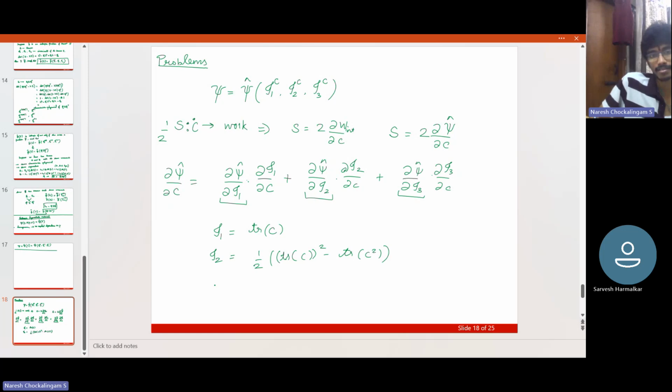And the third invariant is determinant of C. Now we need to find these derivatives.